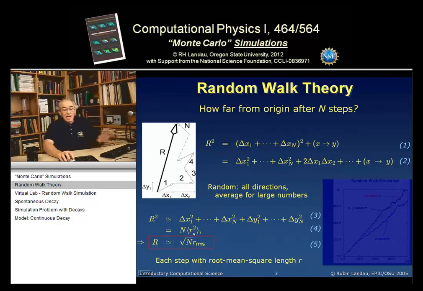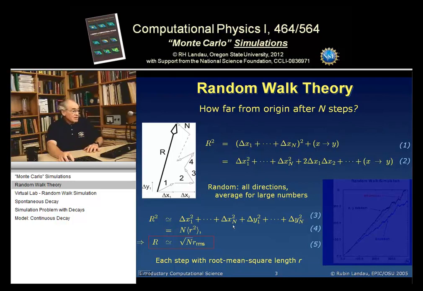So what we can say is, approximately, if you have a large number of terms, a large number of steps, the average value of r squared is going to be delta x1 squared plus delta xn squared, etc. The same with the y's, as we have in equation 3, where I've written in the y's this time. But then there's just how many terms?